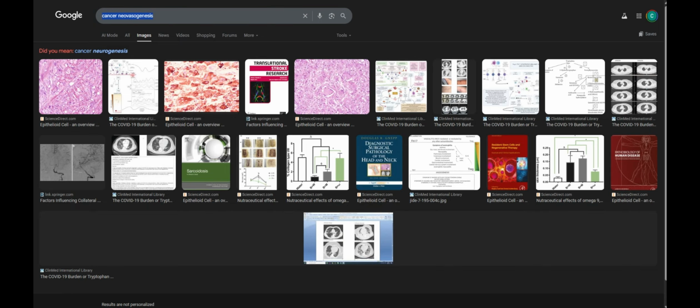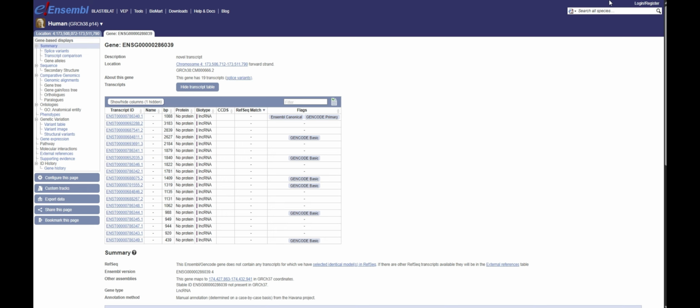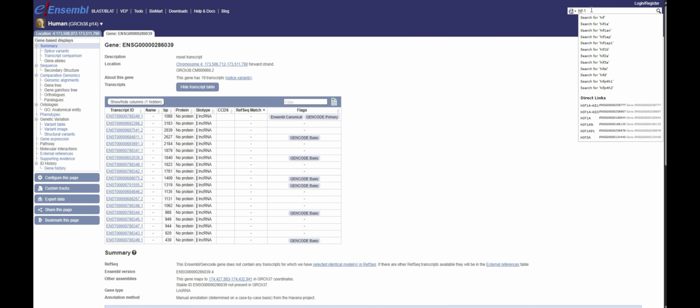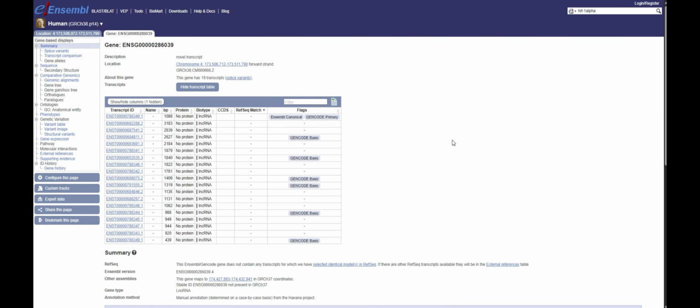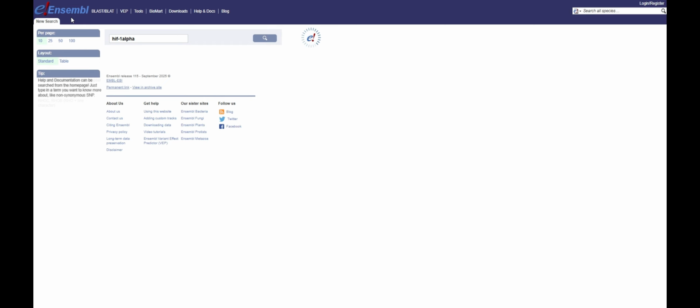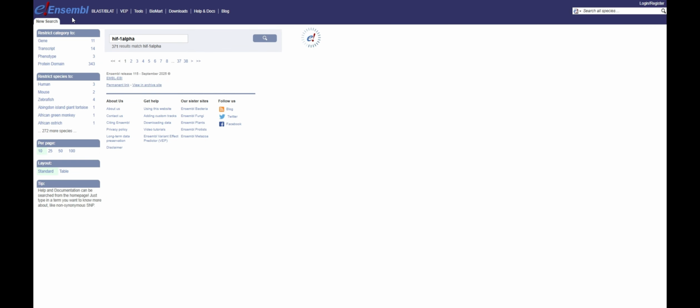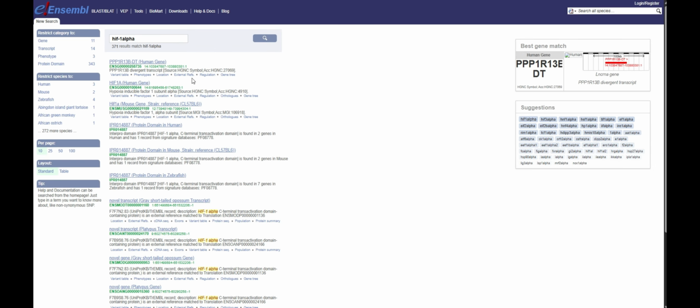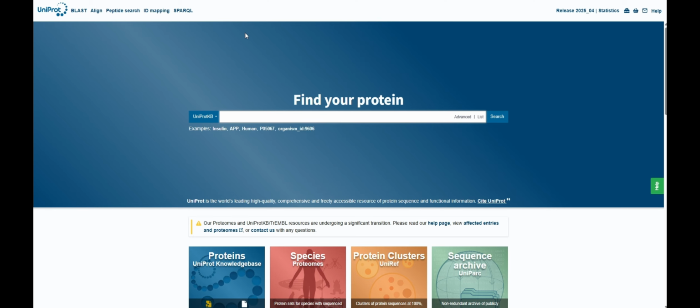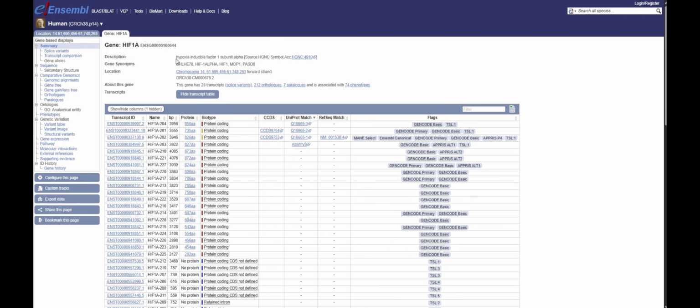Let me double check. HIF1 alpha. See if that'll go. So this is a site I use for primary gene resources because they update every 6 months or so. And then I have UniProt right here for proteins, but hypoxia-inducible factor 1 subunit alpha, as I suspected, unless I said something otherwise, in which case it's not as I suspected.